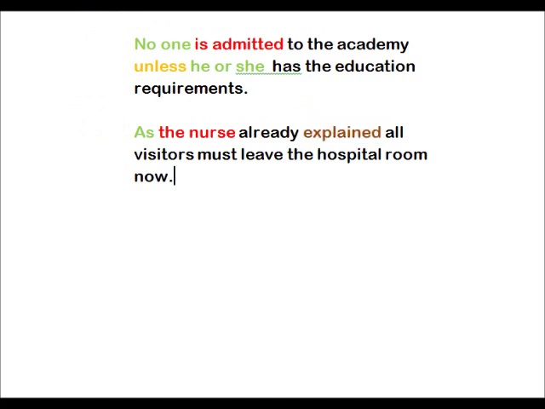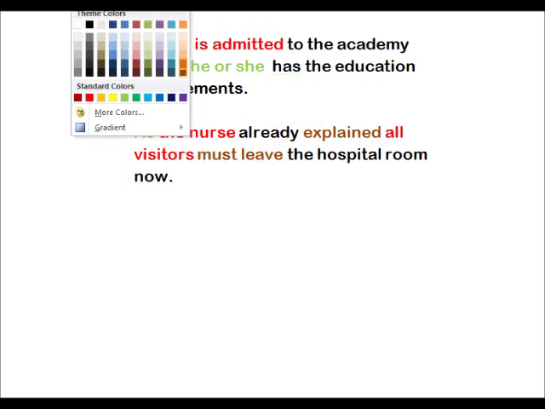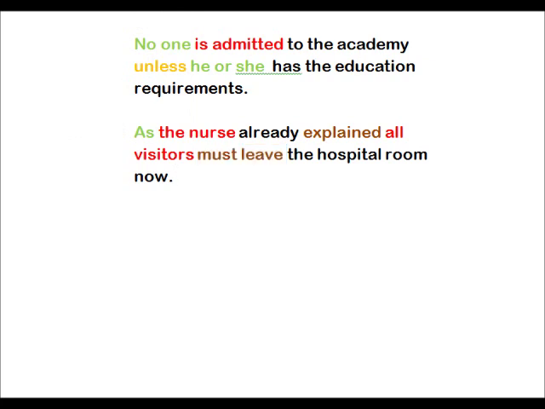So, as connector, the nurse subject, explained verb, and look at this, we've got another subject here, which is all visitors. That's great. So another subject. Fantastic. I've got must leave, which is also another verb. That's great too. Fantastic. So connector, two subjects, two verbs.